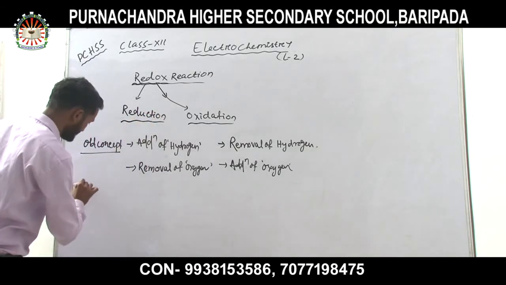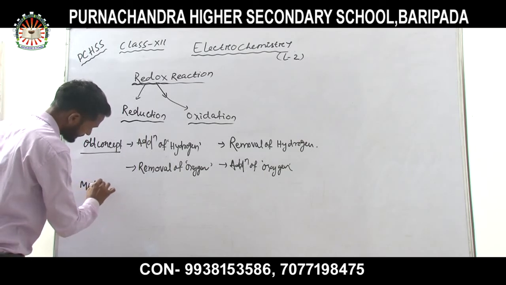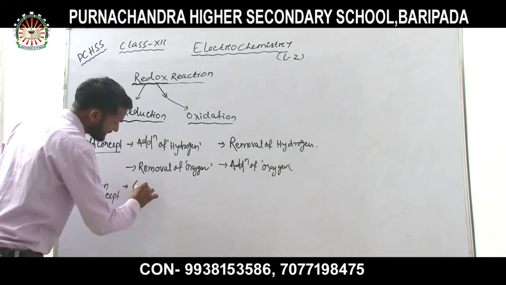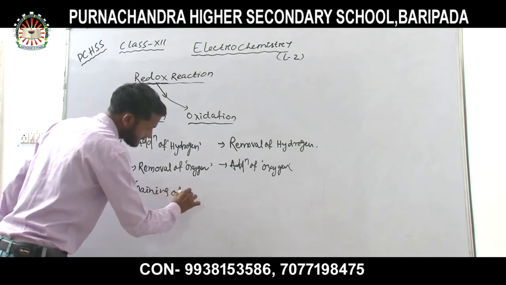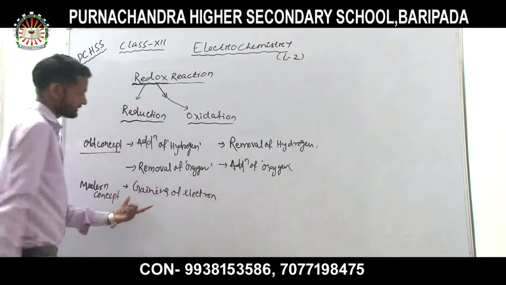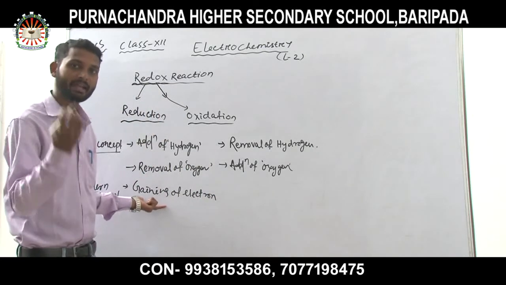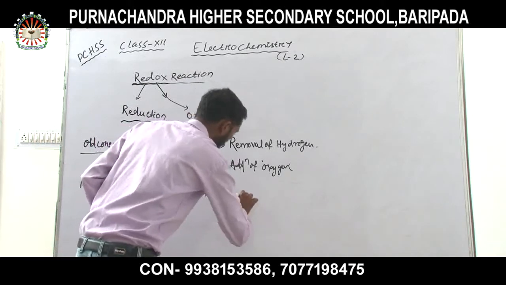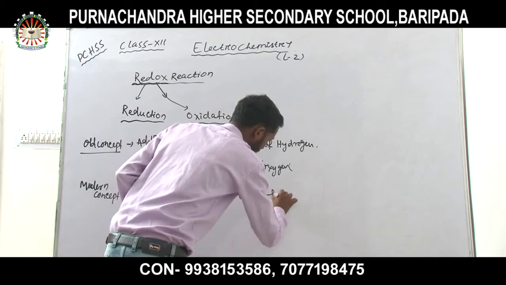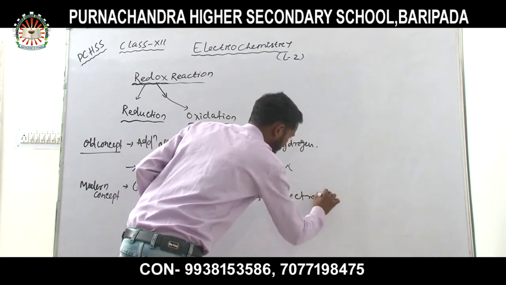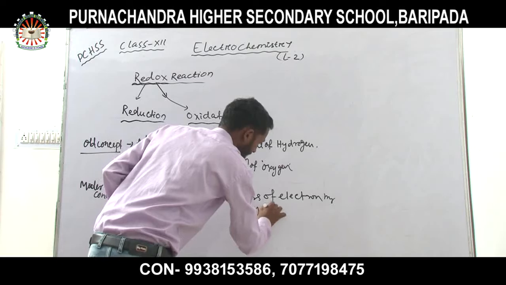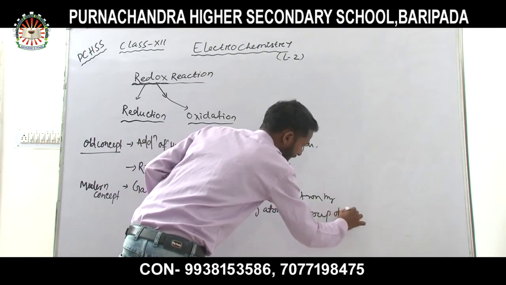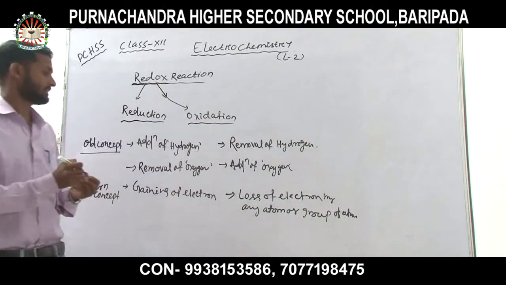In case of reduction reaction, that is the modern concept, the gaining of electron by any atom is called reduction reaction, and the loss of electron by any atom or group of atoms is called the oxidation reaction.